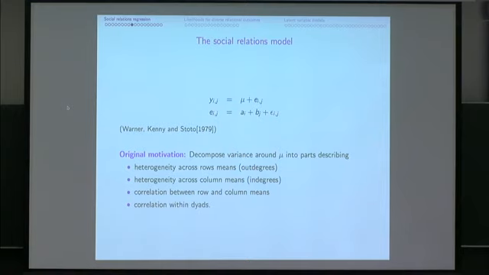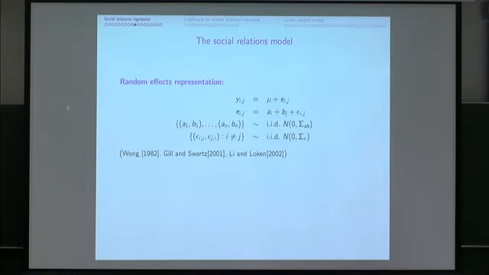So that was the social relations model, and these researchers developed an ANOVA decomposition which could estimate these sorts of correlations. Here's a random effects representation of this social relations model. It's fairly intuitive; for those of us familiar with network data, it should make total sense.